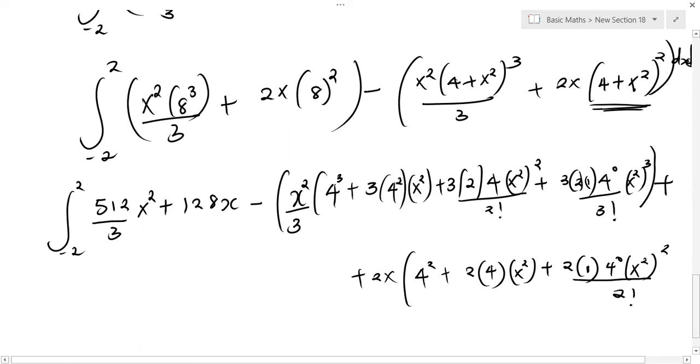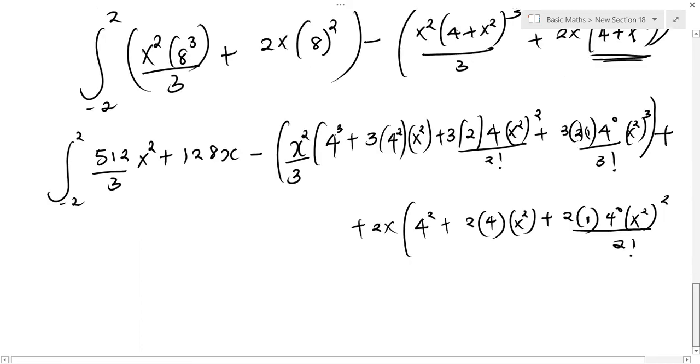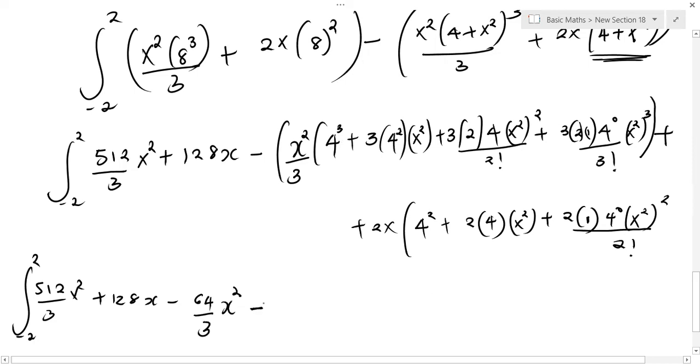Okay, so this basically gives us, so this is long, so we're going to have integral from -2 to 2, 512 over 3 x squared plus 128x minus, so opening this up, this is going to be 4 cubed, that's going to be 64, so minus 64 over 3 x squared minus, because of this here, so this is 4 squared, that's going to be 16. 16 times 3 divided by 3, so that's just going to be 16.